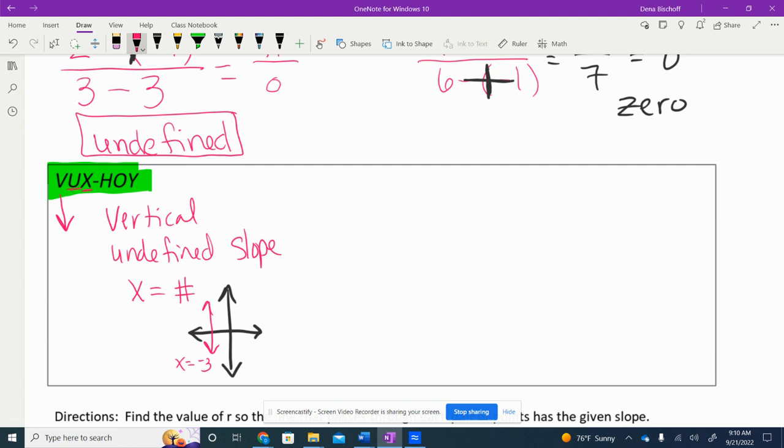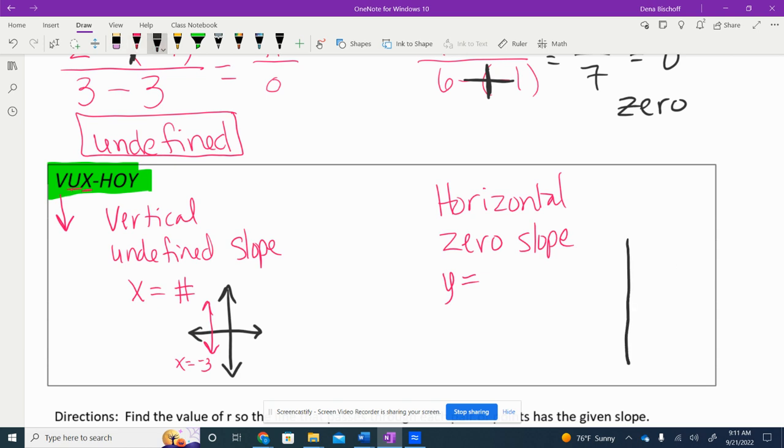So let's talk about the HOY. Let's see. So H stands for horizontal. And that O is really a 0. And y equals a number is the equation.